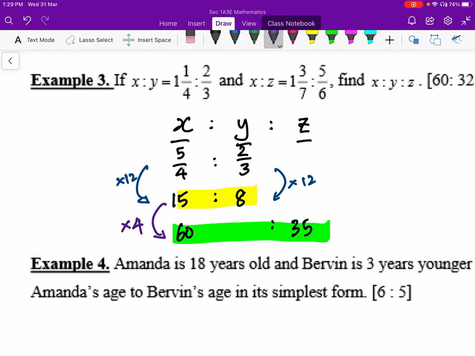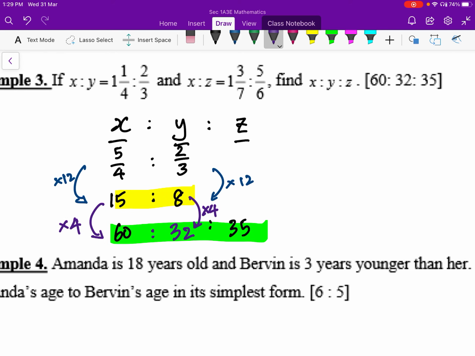So you multiply by 4, then for your 8, you also multiply by 4, and you get 32. So this is now our ratio, 60, 32, 35. And it will be the simplest form. If you cannot do all this in one presentation like this, go ahead and separate them. But make sure you are neat in your work. Okay, so 60, 32, 35.